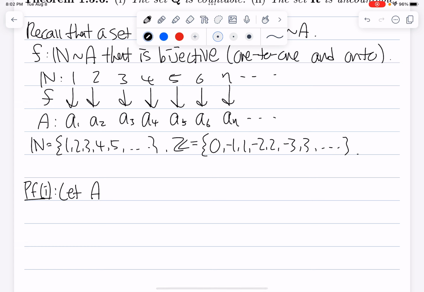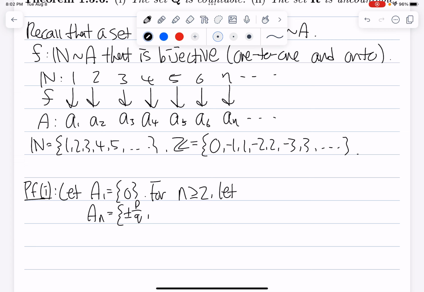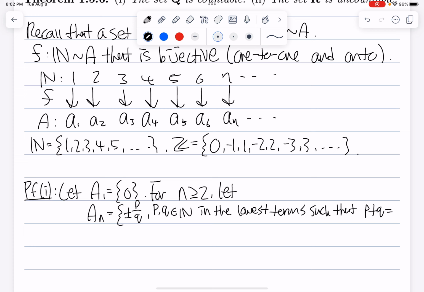Let a1 just be 0. And for n greater than or equal to 2, let an be plus or minus p over q, where p and q are natural numbers in the lowest terms, such that p plus q is equal to n.